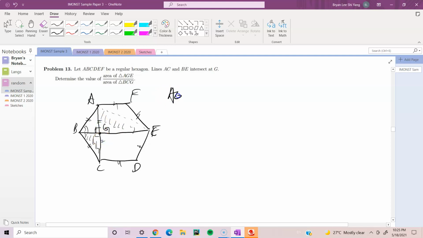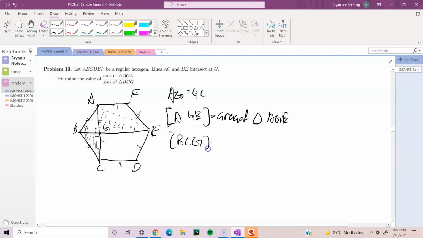Since AG equals GC, let me use a new notation. Let's denote the area of triangle AGE by the bracket AGE, and likewise the bracket BCG is the area of triangle BCG.